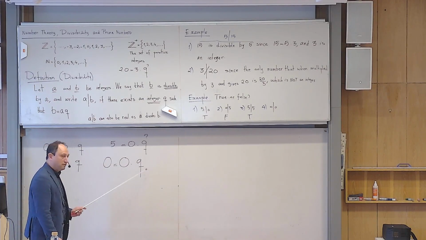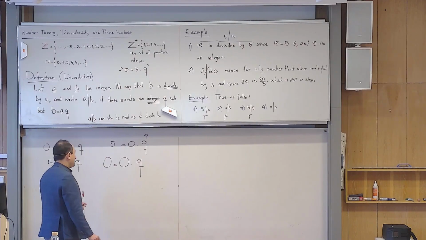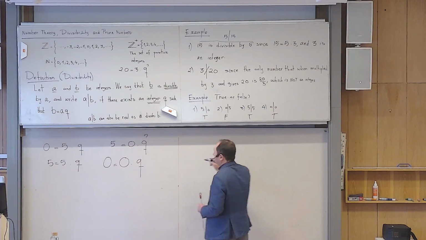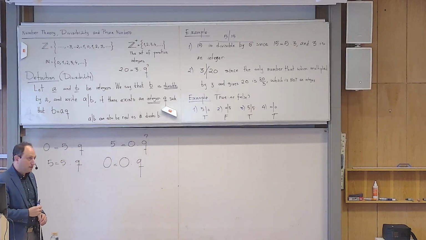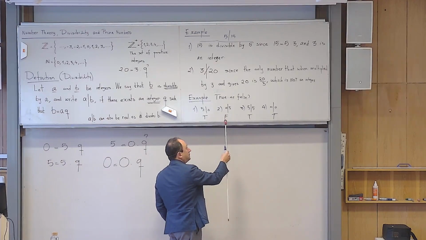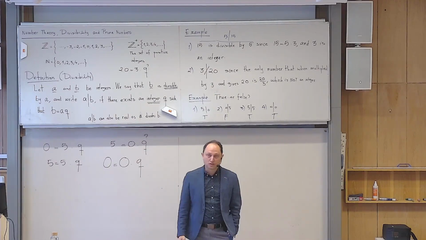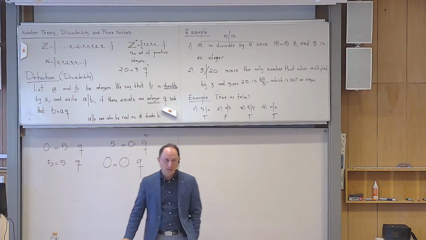Because regardless of the value of the integer q you choose, this equality holds. Okay, so I just want you to be sure that you understand what is going on. If you accept this as the definition of divisibility, still 5 divided by 0 is not allowed, but 0 divides 0 is a true statement. So it depends on the definition that I'm using. Okay, is that clear?